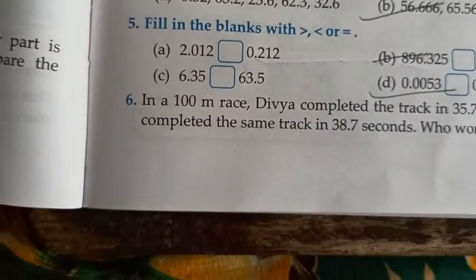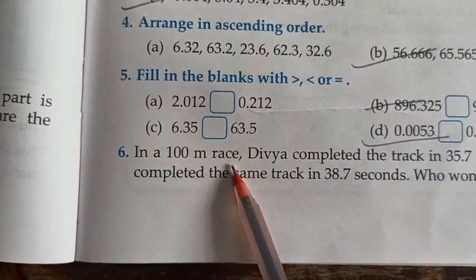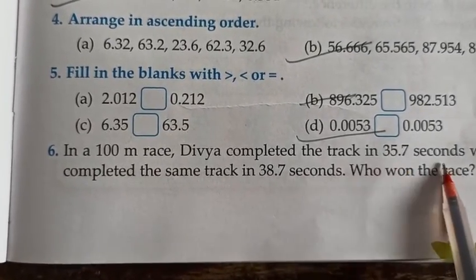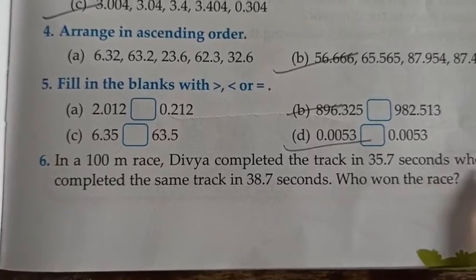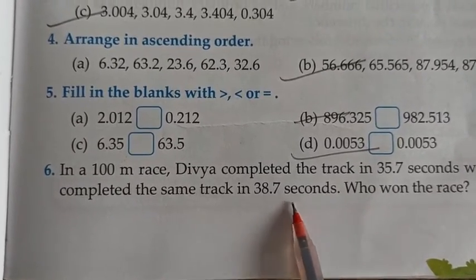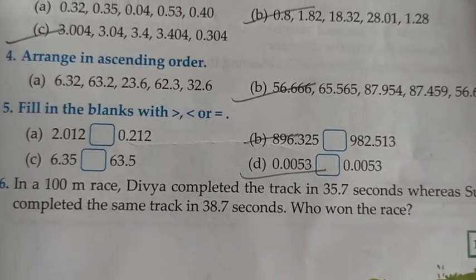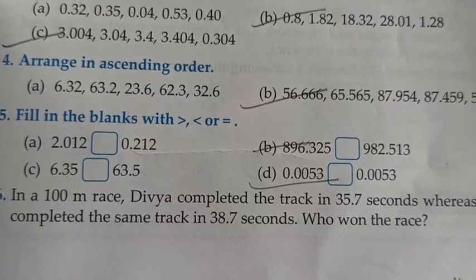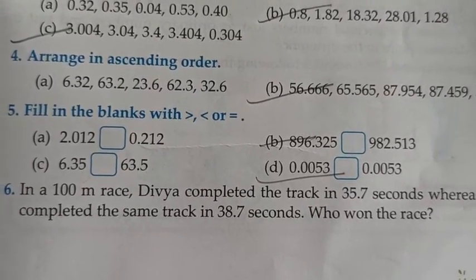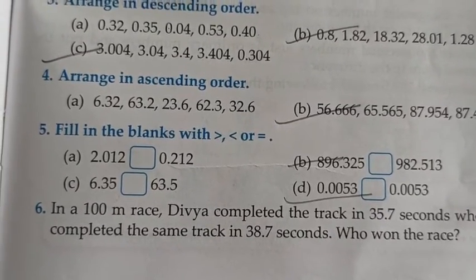Now come to question number 6. In a 100-meter race, Divya completed the track in 35.7 seconds, whereas Sultana completed the same track in 38.7 seconds. Who won the race? Listen, in a race competition, the person who takes less time to complete the race is the winner.